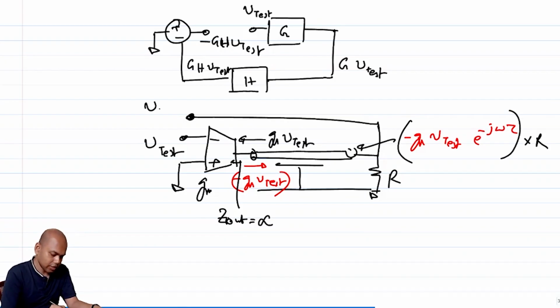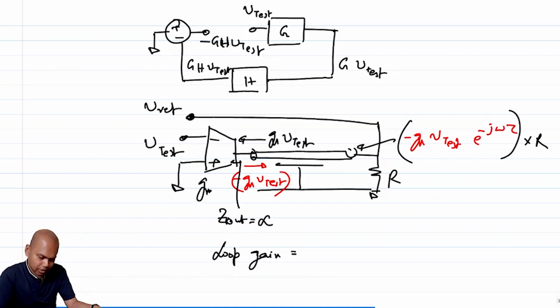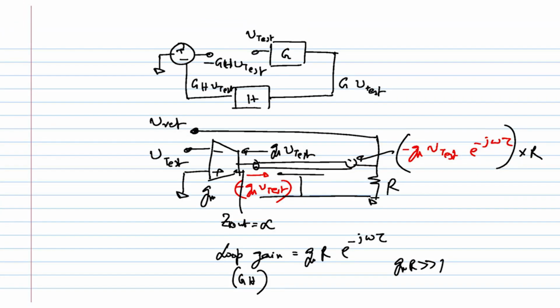So this voltage is V return. So what is your loop gain? Loop gain is negative of whatever is V return over V test. So that is GM times e to the power minus j omega tau times R. So GM R times e to the power minus j omega tau. Okay. So quickly, what is the Nyquist plot of this?